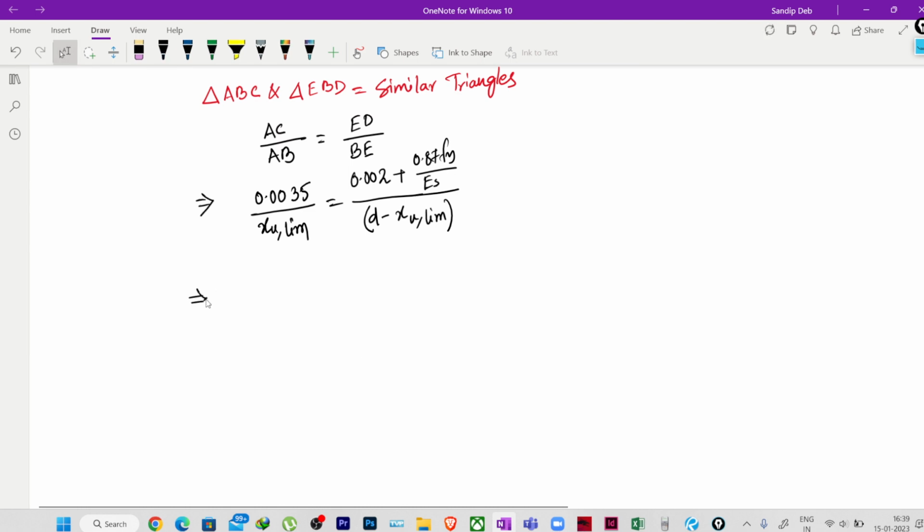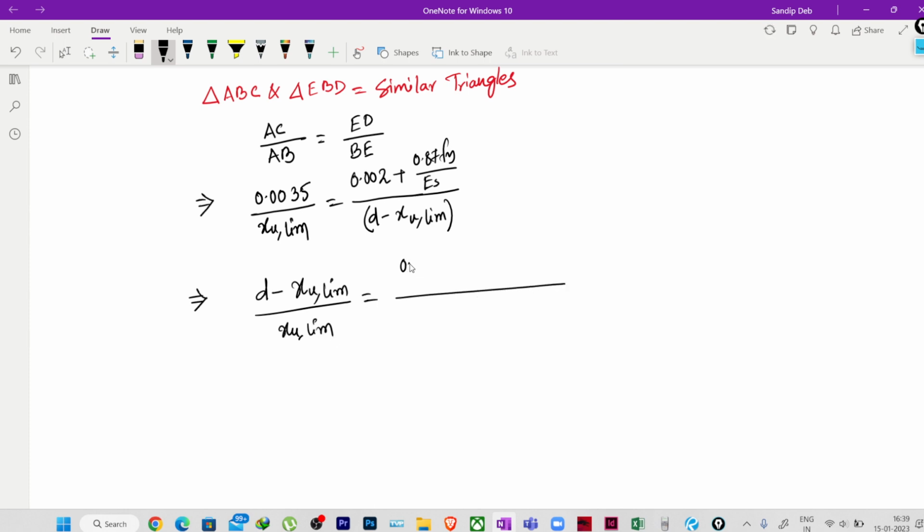So if you just solve it, we'll be doing the cross multiplication. So we'll be taking this D minus XU limit at the top. So D minus XU limit by XU limit equal to 0.002 plus 0.87 FY by ES divided by 0.0035.